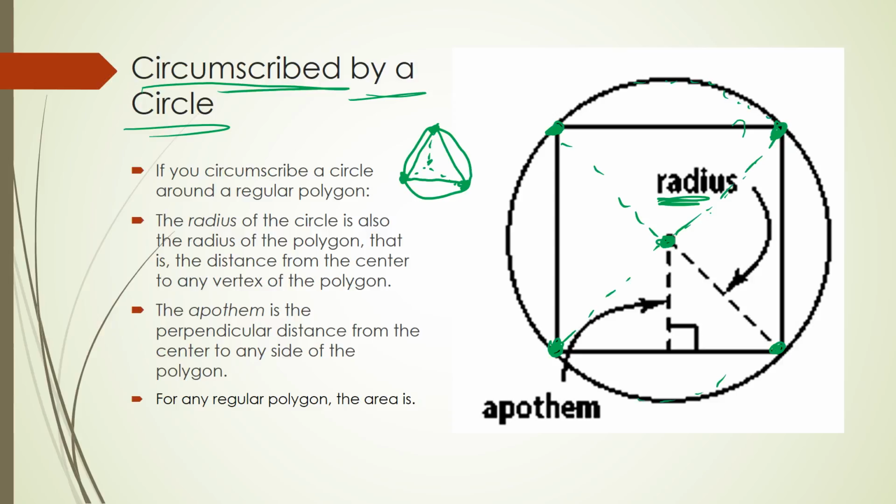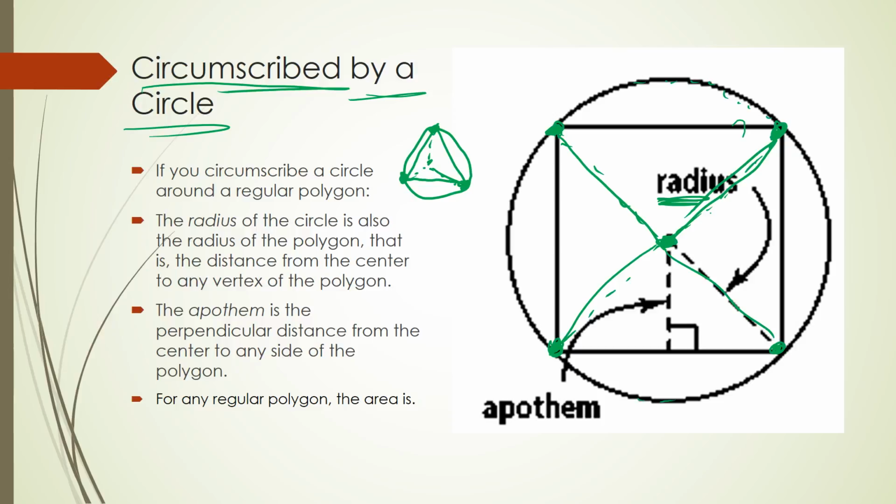Since the only points on both the circle and the polygon are the vertices, the radius must go from the center to the corners. So the radius of the circle is also the radius of the polygon. The radius of a polygon is the distance from the center to any vertex of the polygon, so this is just another way of thinking about the radius.